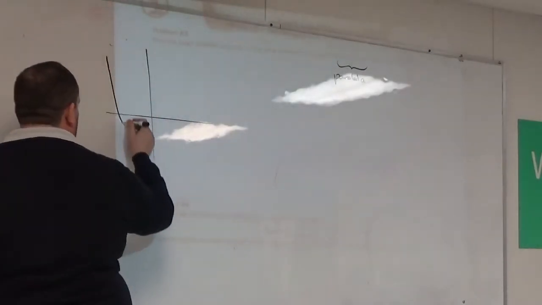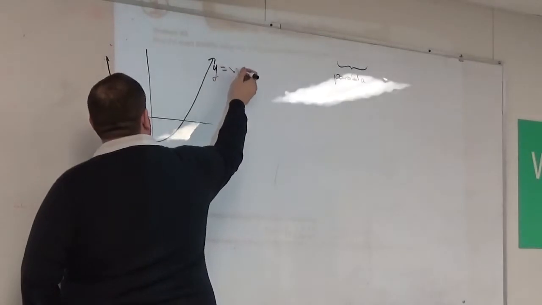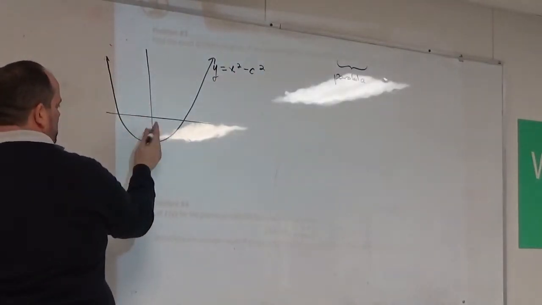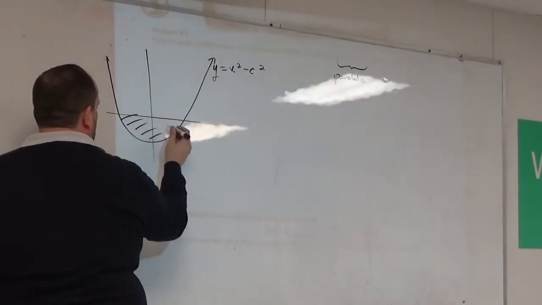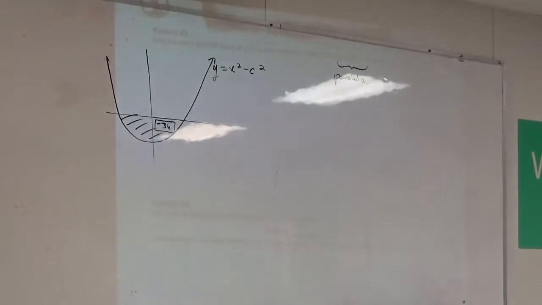So I've got my regular parabola that's been shifted down. Here's the graph of y equals x squared minus c squared. And the area between the graph and the x-axis is negative 36. We're in a calculus class. We're talking about area. How do we find area? How do we always find area?